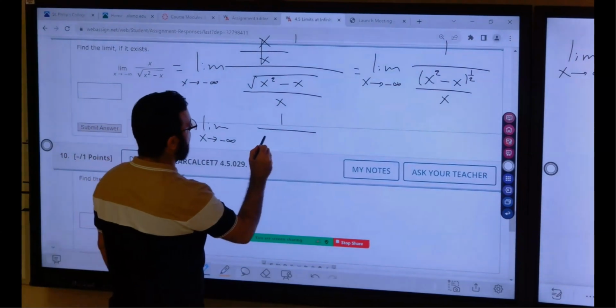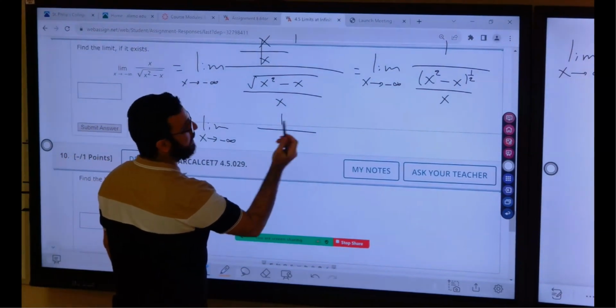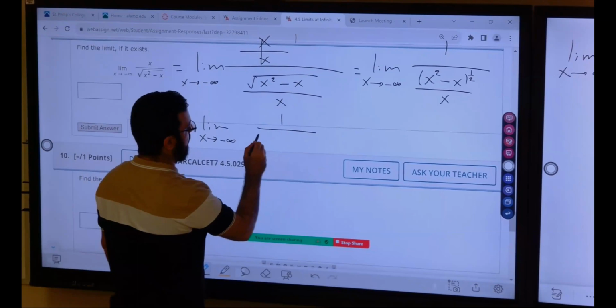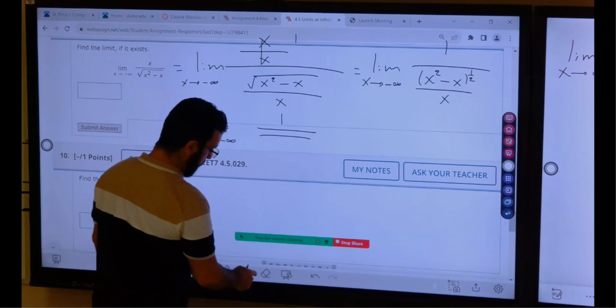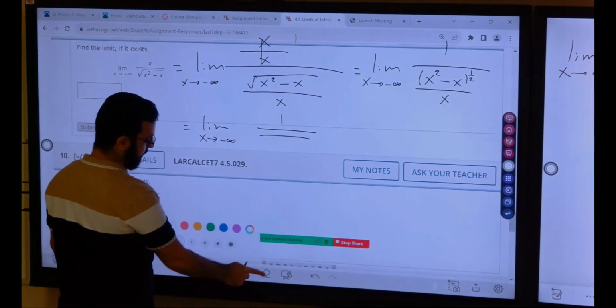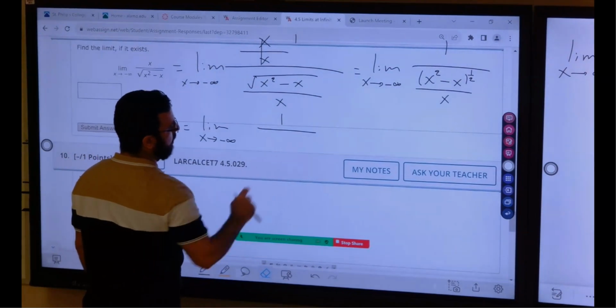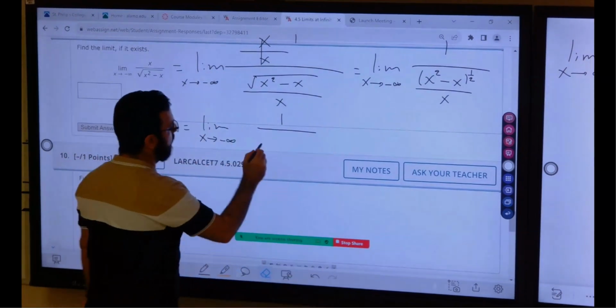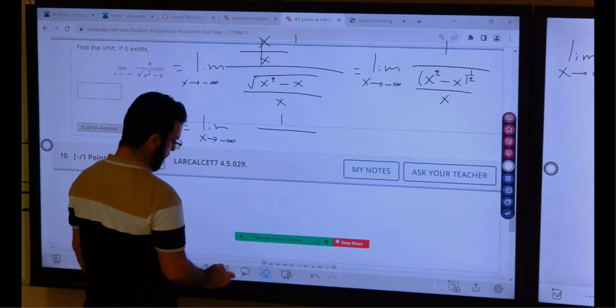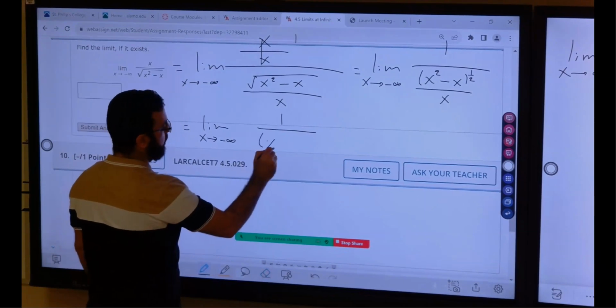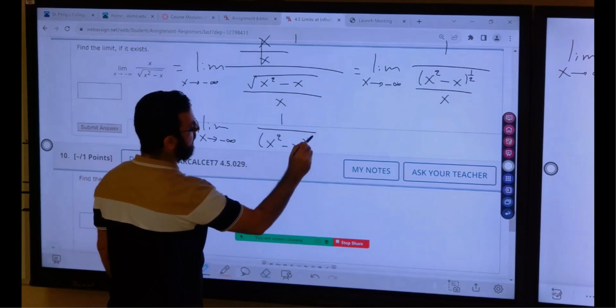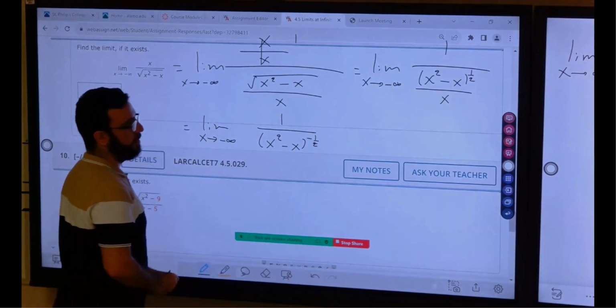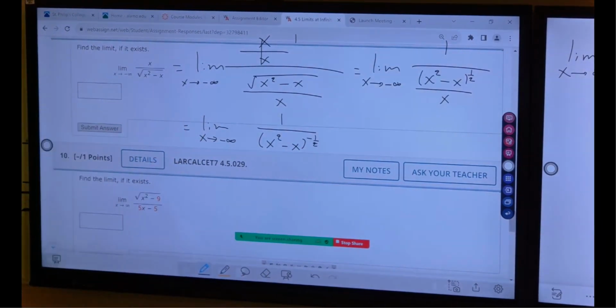It'll give me 1 over x squared minus x, because it's going to be negative. That means x squared minus x to the negative exponent. Yes or no? Oh, okay.